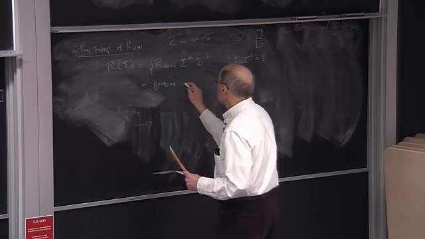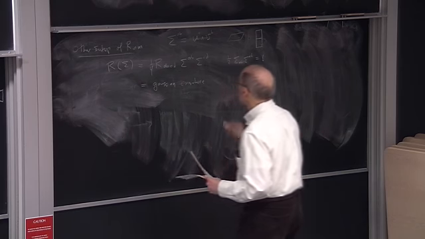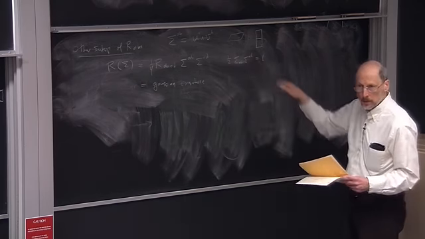This ends up being what's called the Gaussian curvature of that two-surface.